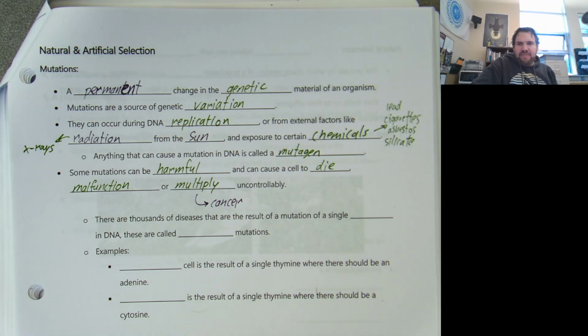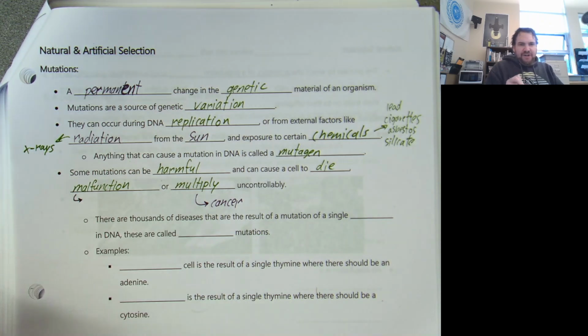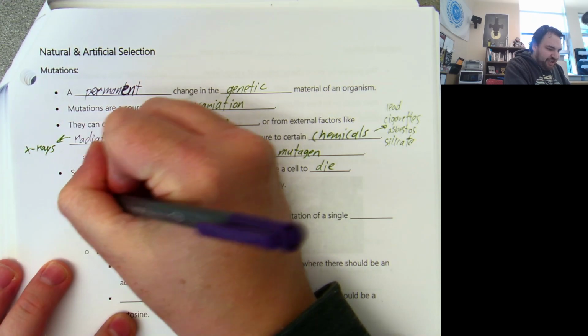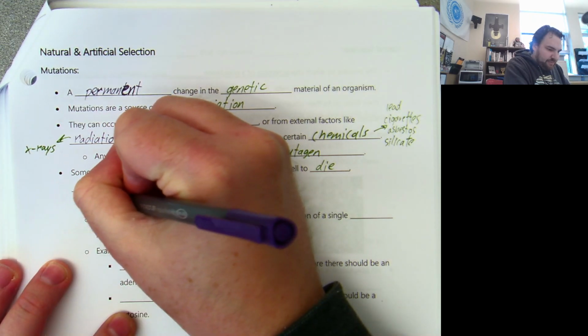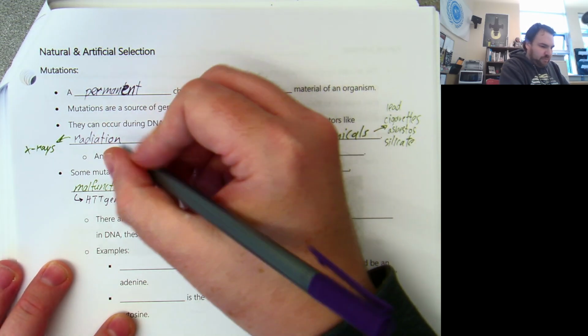Another example, the malfunction. The malfunction is an interesting one, and I want to make sure I get this right. I Googled something that I want to give to you. Okay, so an example, which I've mentioned before, of a malfunction is this. If we're talking about malfunctions in cells, there is a gene called the HTT gene on chromosome number 4.